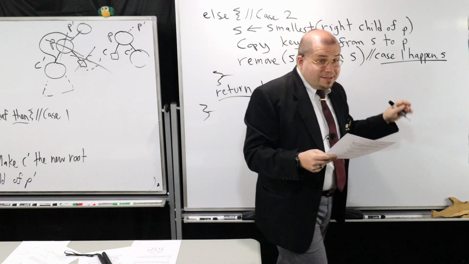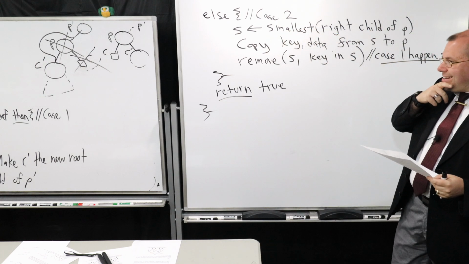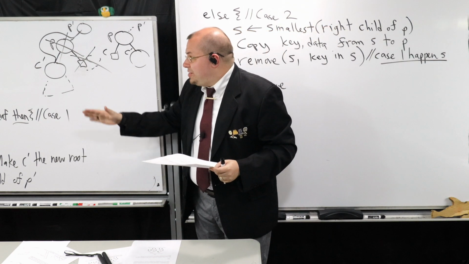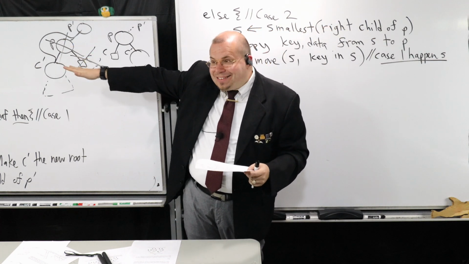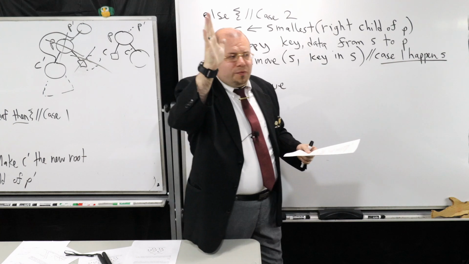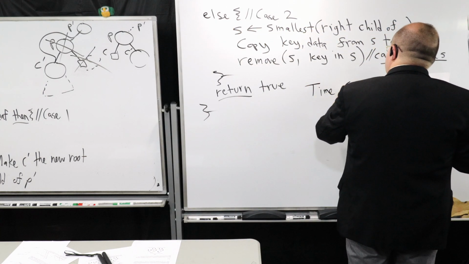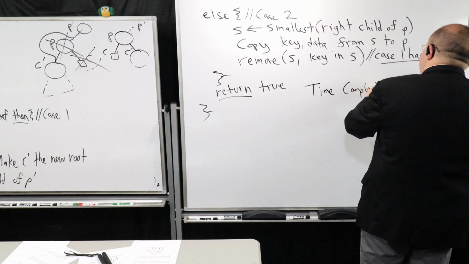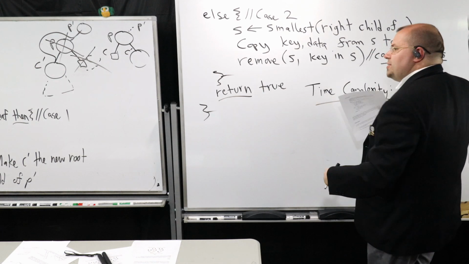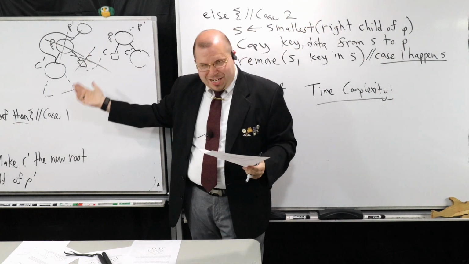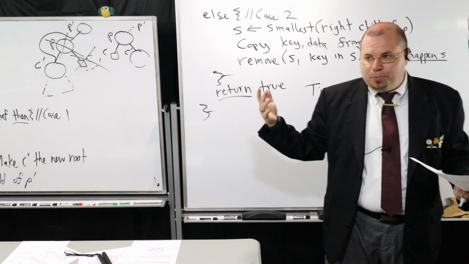So that's one big observation I want you to have here. Once you notice this, this algorithm is actually surprisingly simple to analyze because it just uses get, and we know what the big O for get is. It's big O of the height. Then you have your cases where you check if it's a leaf, and you do a whole bunch of pointer adjustments.